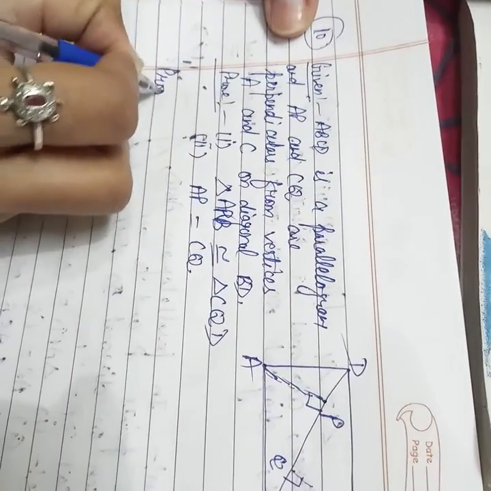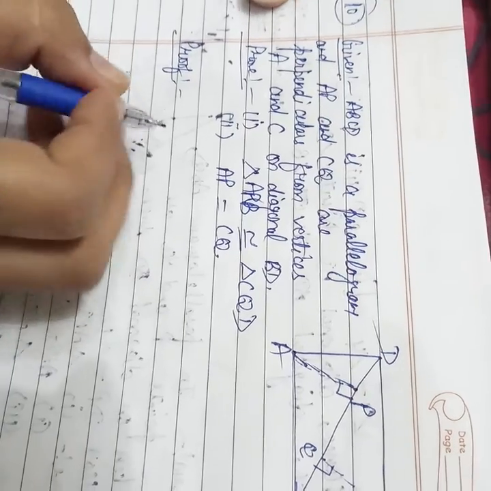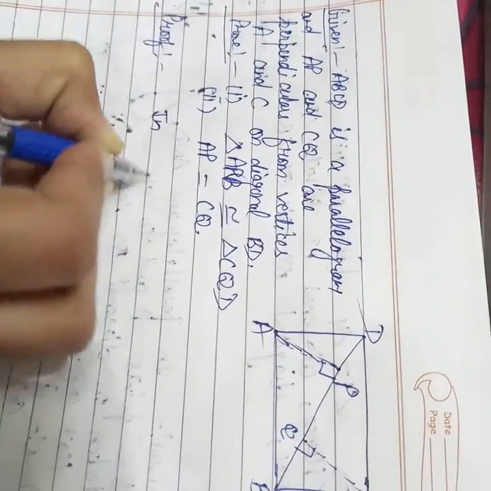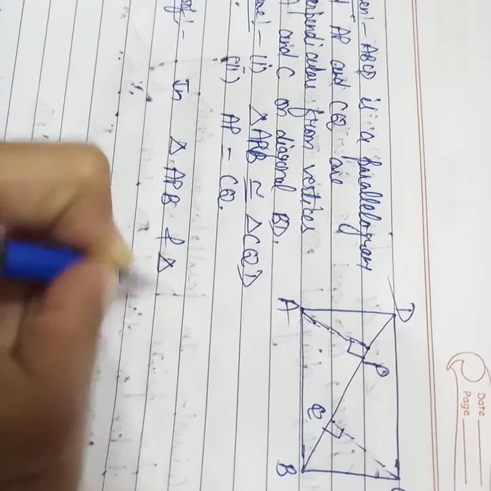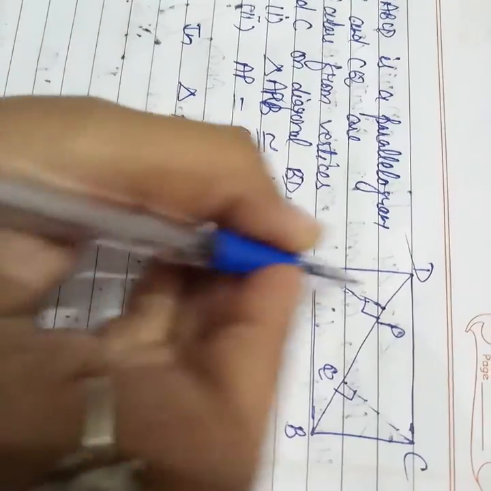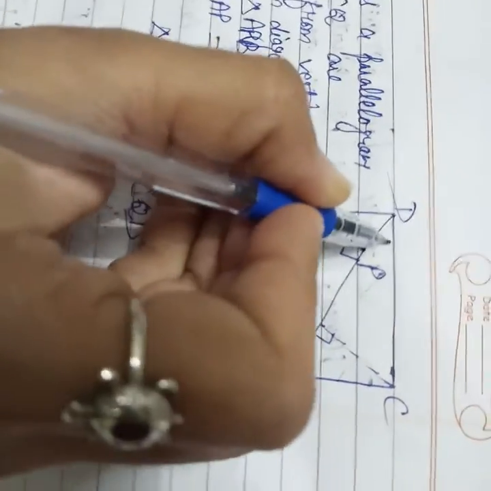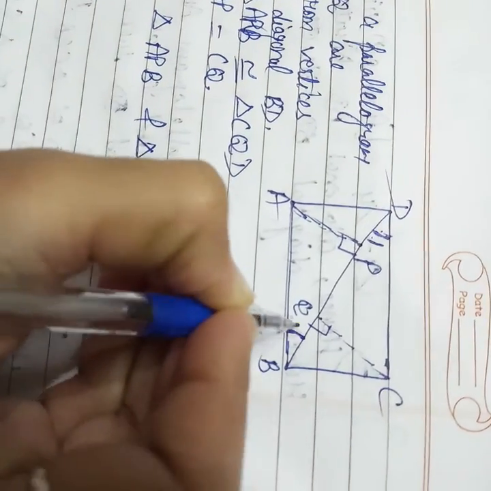Now in proof, we consider in triangle APB and triangle CQD. Here let this be angle 1, this be angle 2.